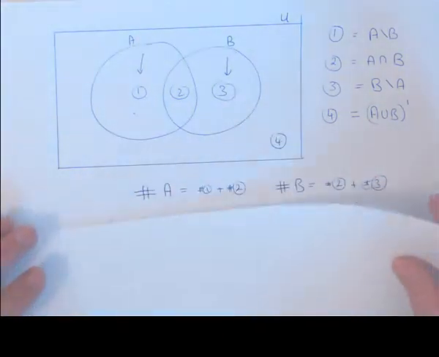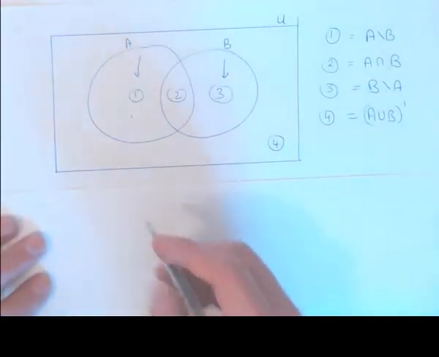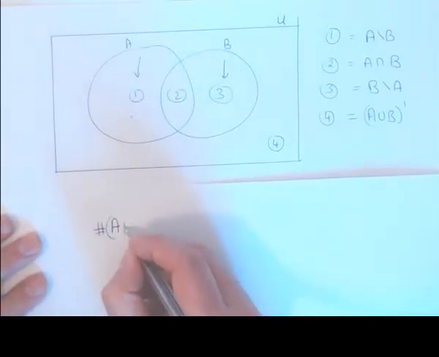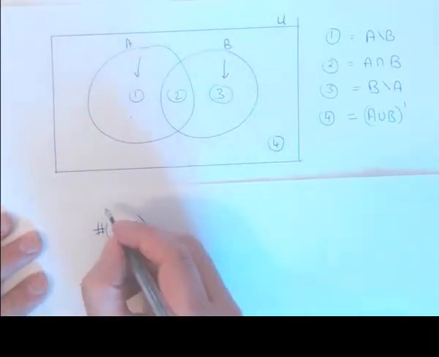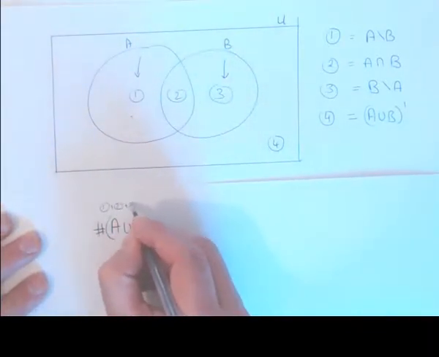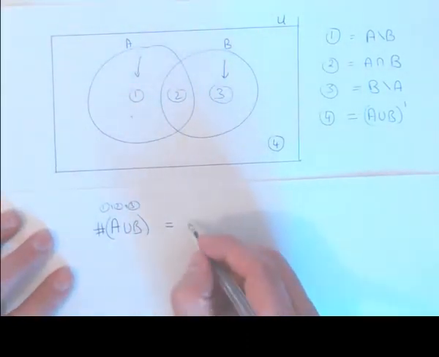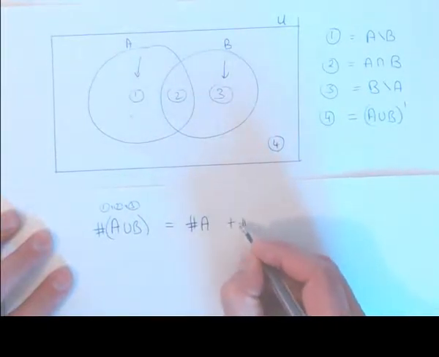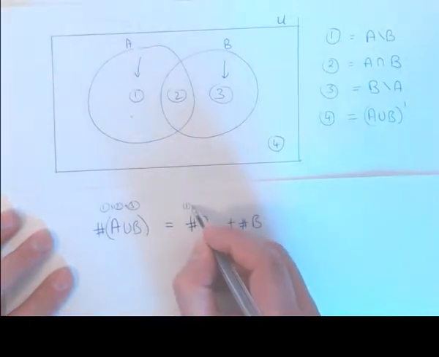Let's have another little look at a little bit of logic. It won't come up for a while, but we're going to tell you that the number of elements in area A union B, let's think about that. That's 1 plus 2 plus 3. And we want to figure out how that relates to the number of elements in area A and the number of elements in area B. Well, we know that area A is 1 plus 2.